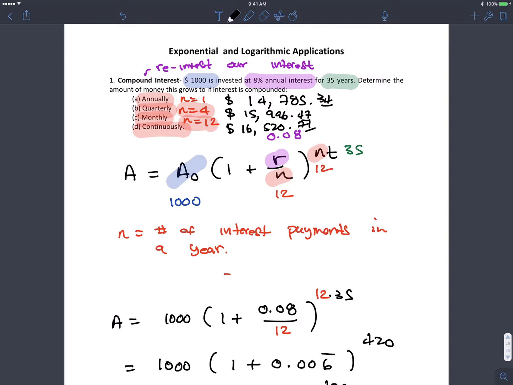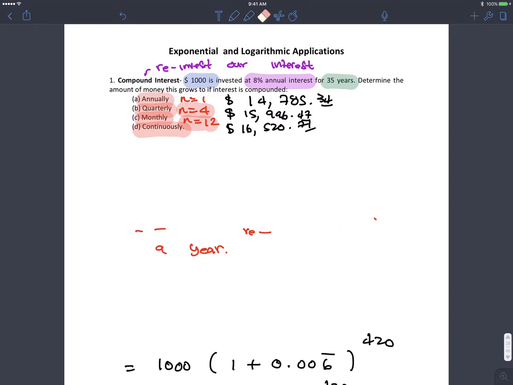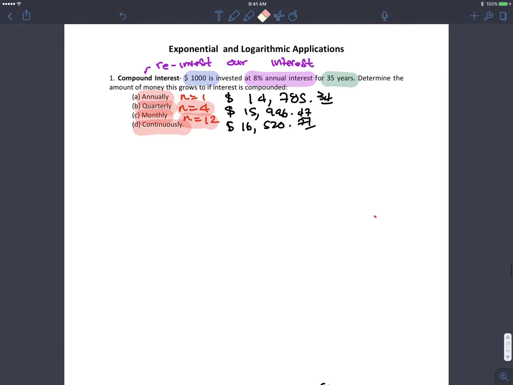Now, what we're going to work on here is continuous. And as we discussed in class, the number of interest payments on a continuous setting, remember n is the number of interest payments.